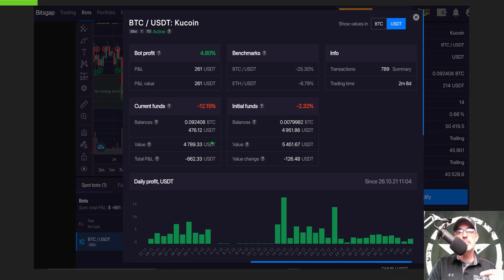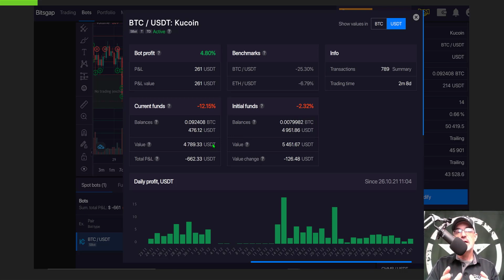This bot continues to buy as long as the price goes down, and most importantly, I still have funds available in my exchange account to actually buy more Bitcoin. There were a couple occasions throughout these 60 days that I actually had to add more funds in order for this bot to continue to buy the dip that we've experienced, essentially from the 62.5 down to this 46,000 and change level that we're currently at.